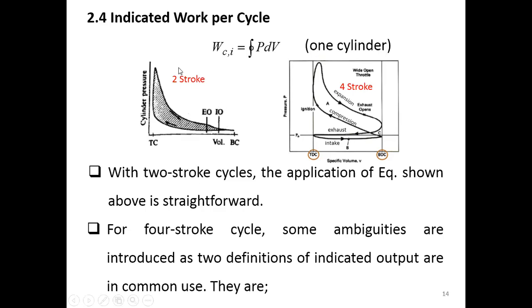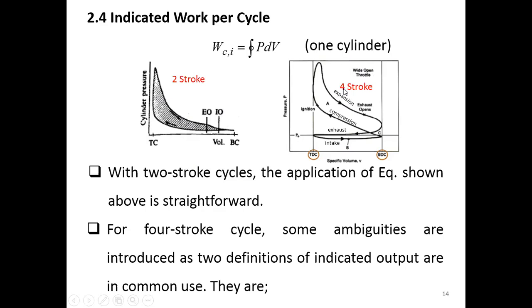Okay, so I show you two diagrams here. The first one is for the two-stroke. This diagram is the pressure and volume diagram. The first one is the two-stroke engine. The second one is the four-stroke engine.